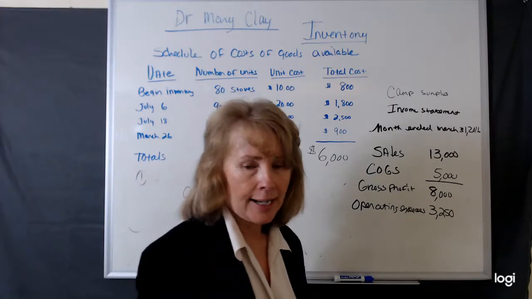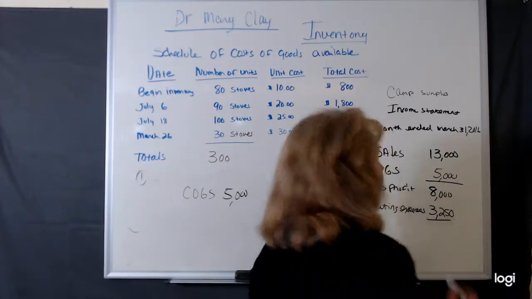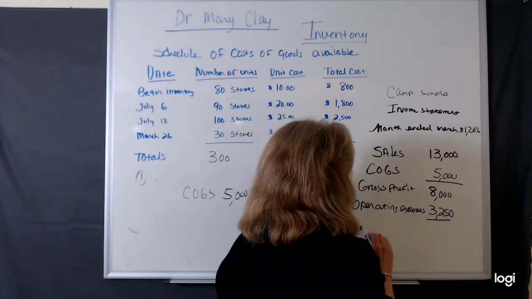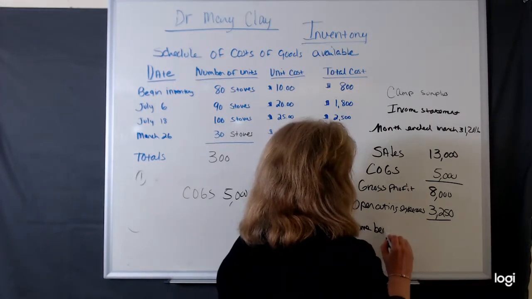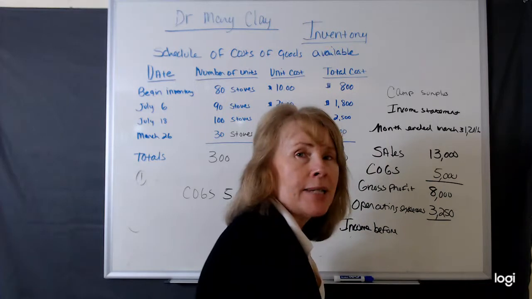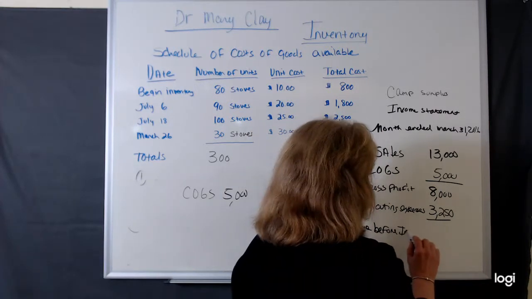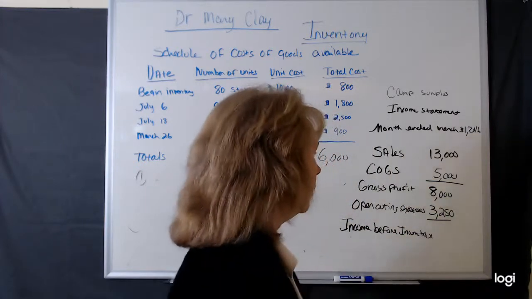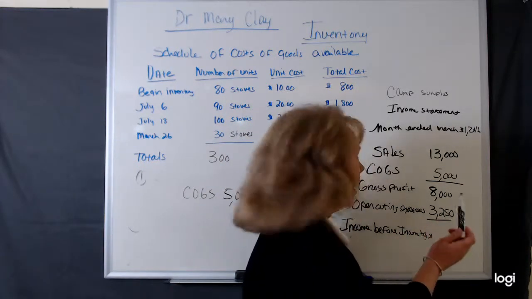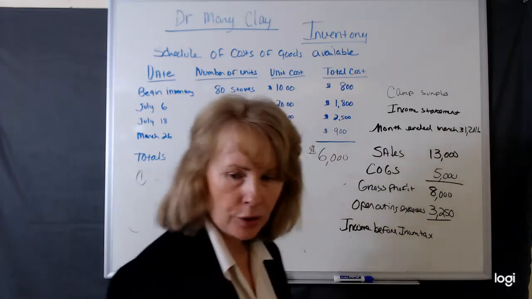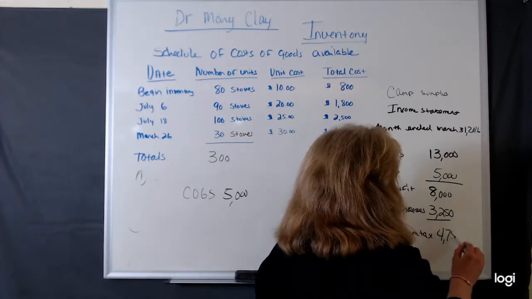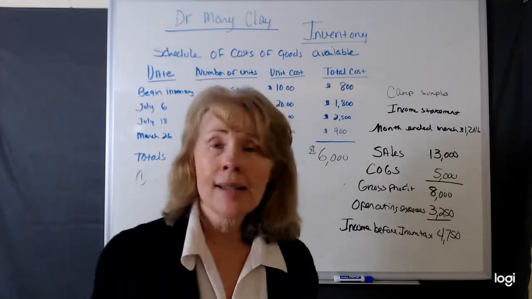The next item that I'm going to figure out is income before income tax. How do I do that? Well, I'll take the 8,000, I'll subtract out the 3,250, and that gives me 4,750.